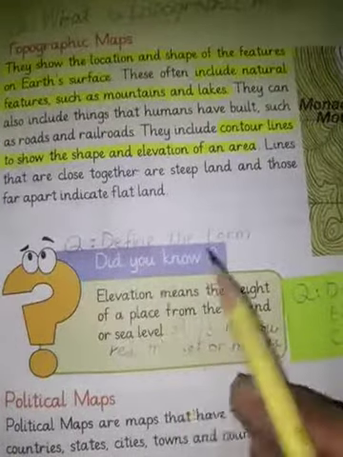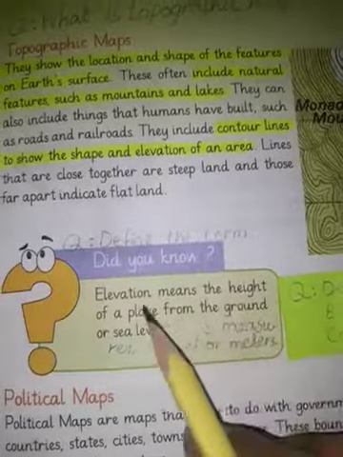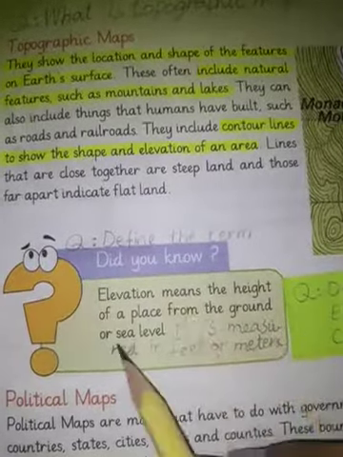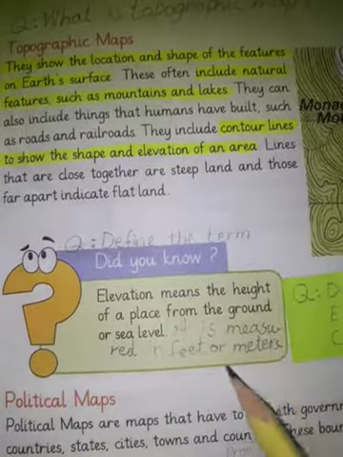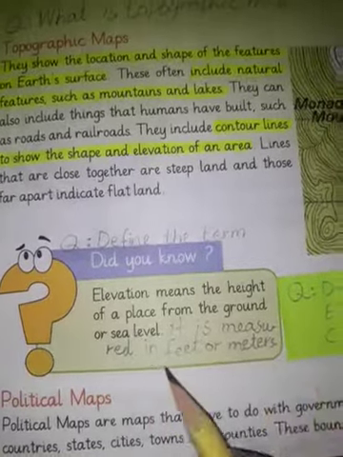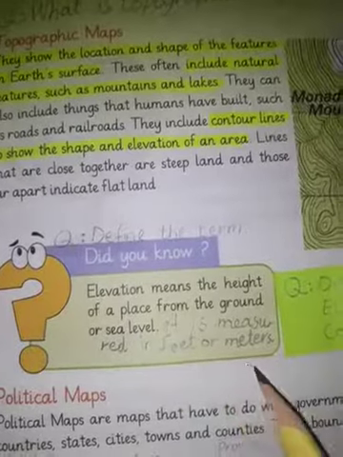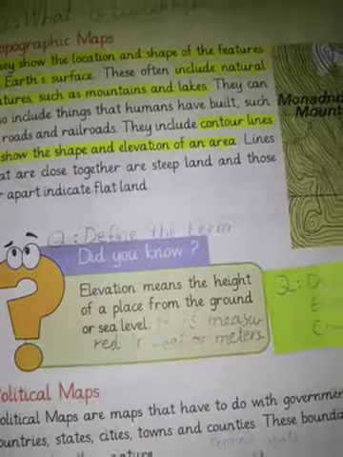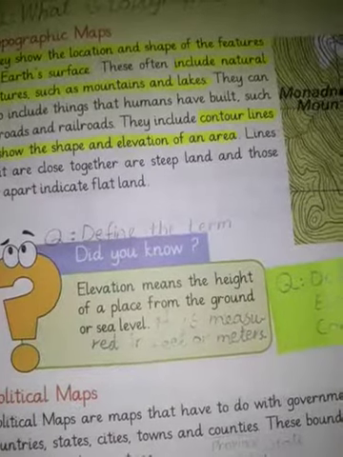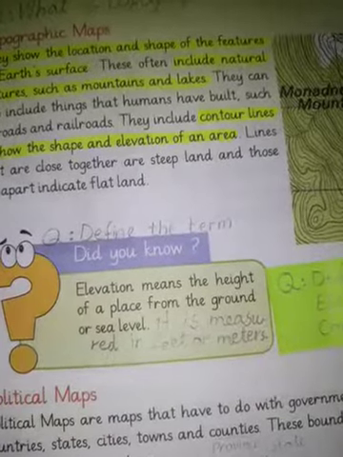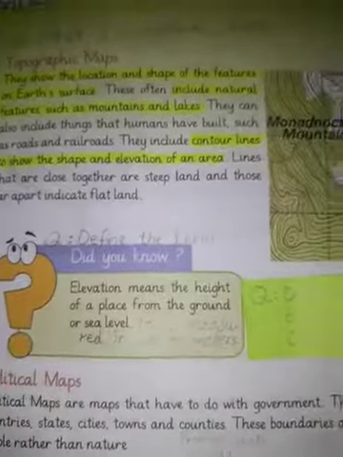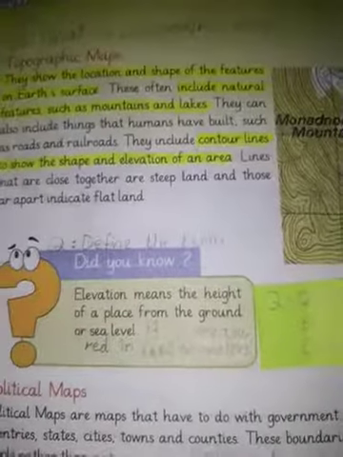Define the term, or you can write, what do you mean by elevation? Elevation means the height of a place from the ground or sea level, and it is measured in feet or meters. So elevation is a rise of something, and you can say that it is the distance above sea level. And topographic map shows the elevation using contour lines.